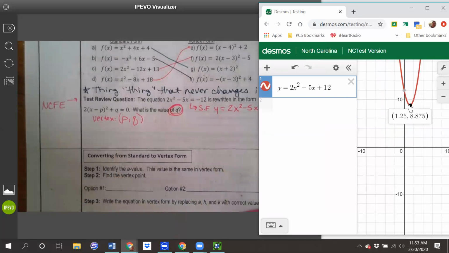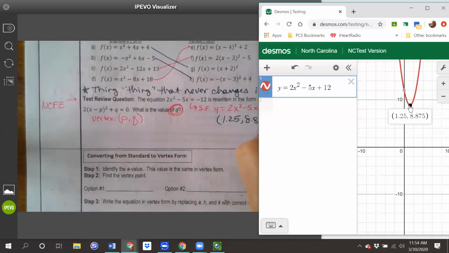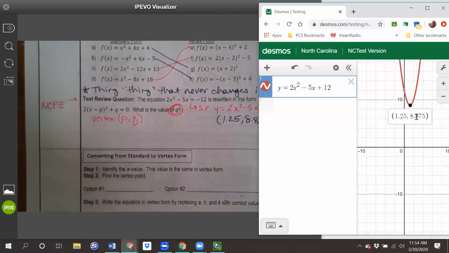And there's my vertex. So by using Desmos, we figured out that the vertex here is 1.25, 8.875. If you don't like the fact that that's 3 decimals and you are not confident that that is an exact answer, I'm going to go to my table of values and I'm going to go to 1.25.